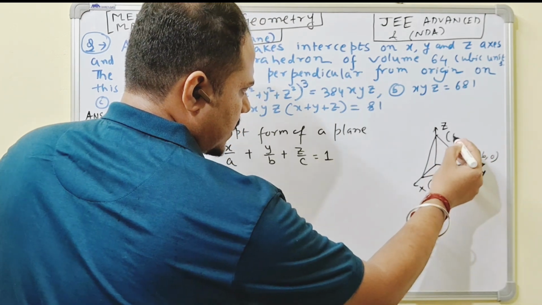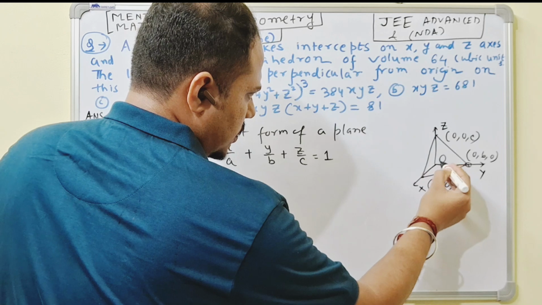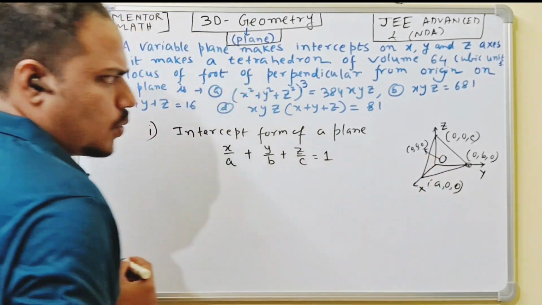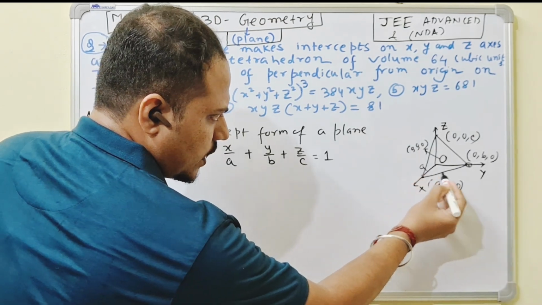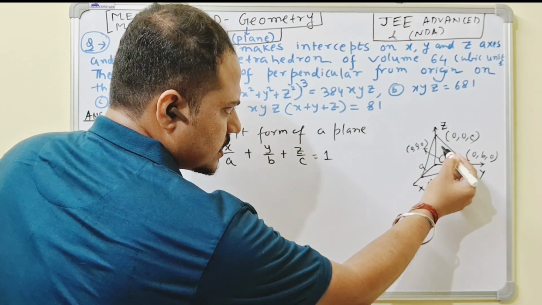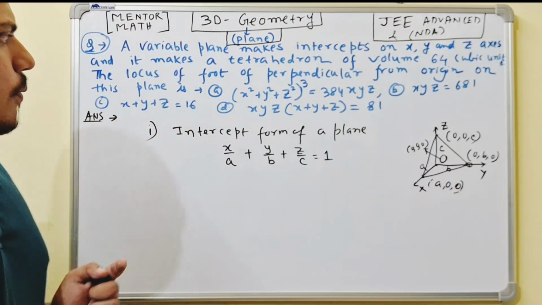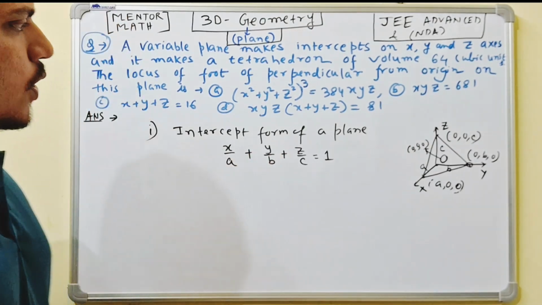And this point you can take as 0, 0, c. This is your origin, 0, 0, 0, you know. The distance from the origin to the first point is a, to the second is b, and to the third is c. So this is the intercept form of a plane: x by a plus y by b plus z by c is equal to 1.